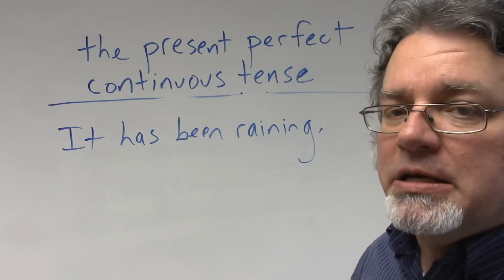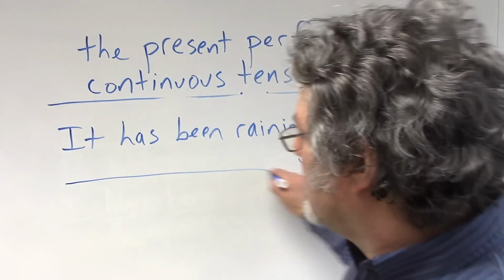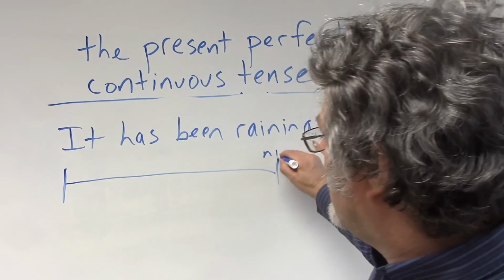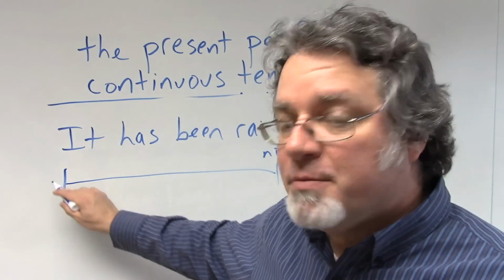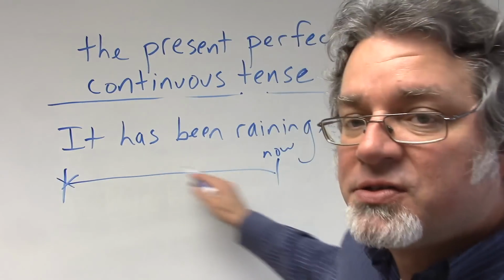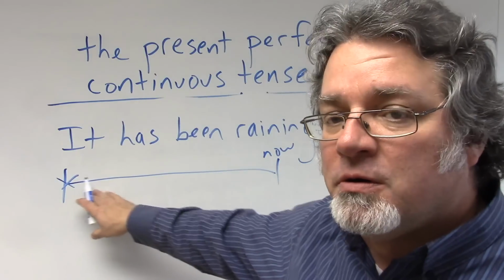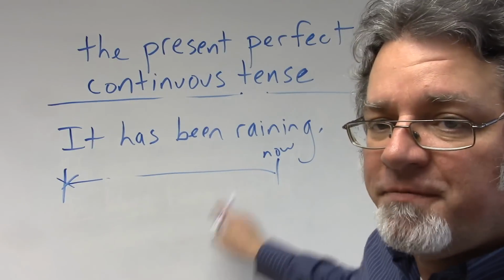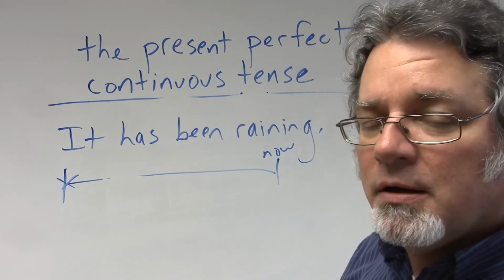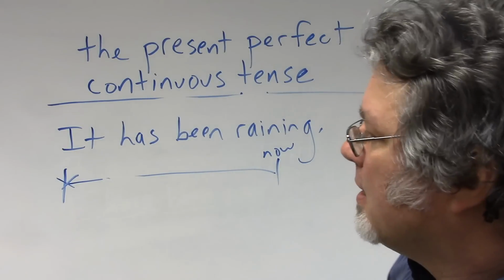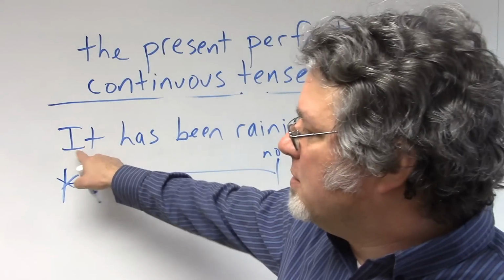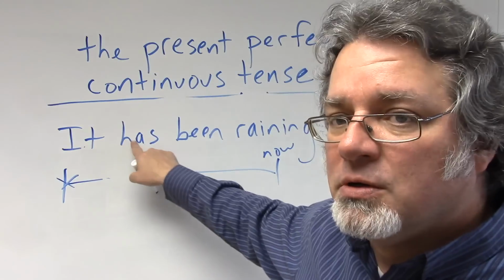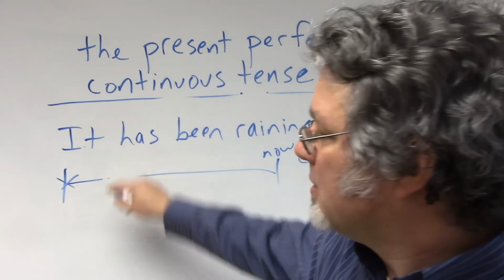It has been raining. So this is now, and this is sometime in the past when the rain started. This could be over several days or just a fairly short period of time, like an entire day. Sometimes we put these two together to form a contraction.